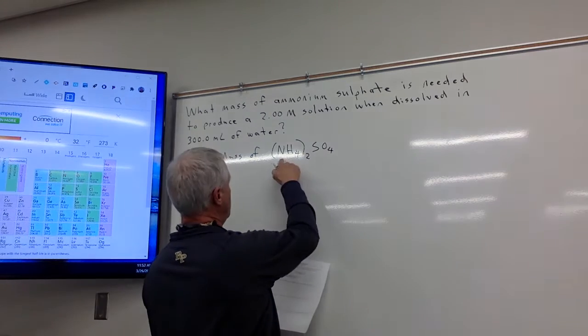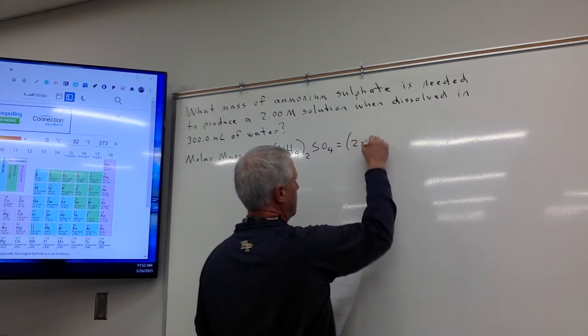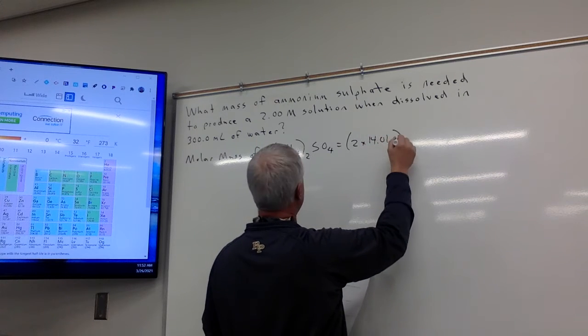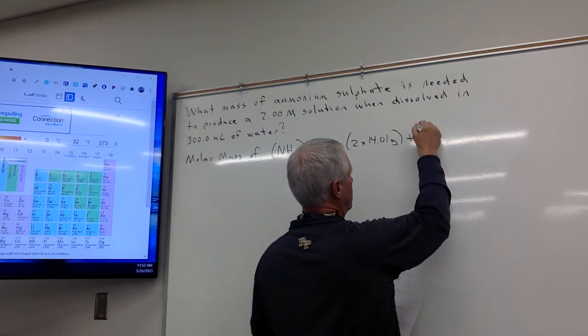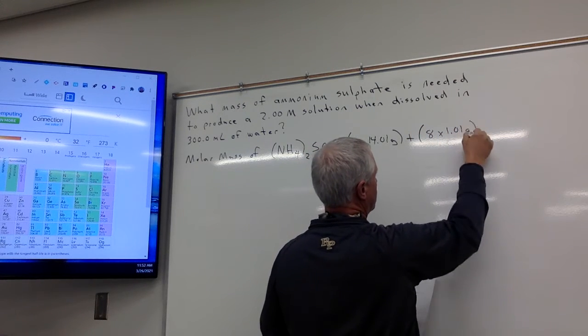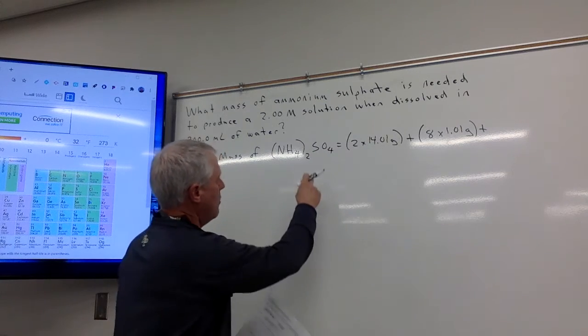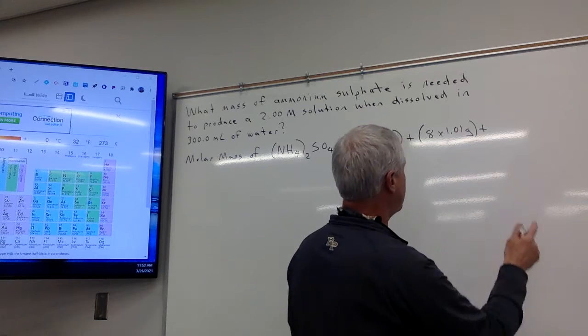So there's 2 nitrogens, so we're going to go 2 times 14.01 grams. And then plus there's 8 hydrogens, so we've got 8 times 1.01 grams. And we've got 1 sulfur, and let's see, sulfur is 32.06.